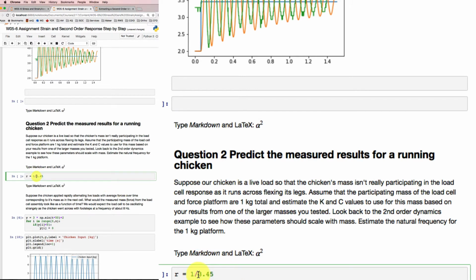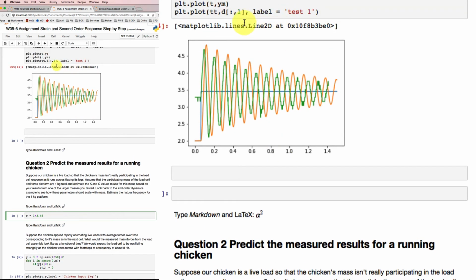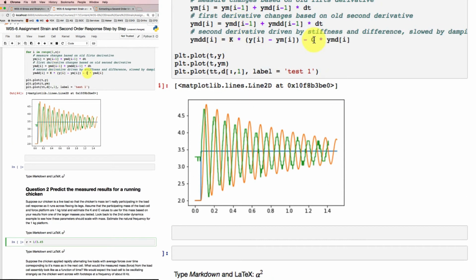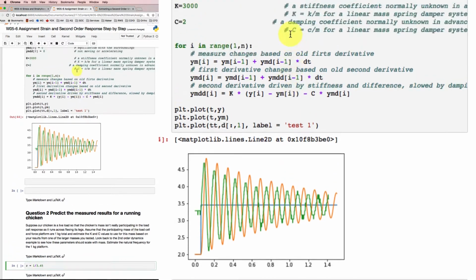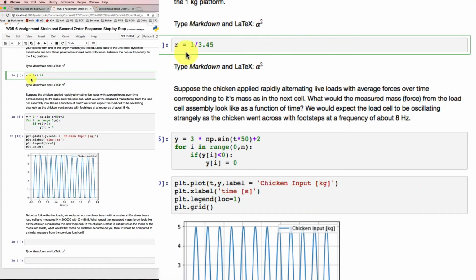And it's a mass ratio, and it's inversely proportional to mass. So as mass goes down, K and C are both going to go up. So let's try calculating that.